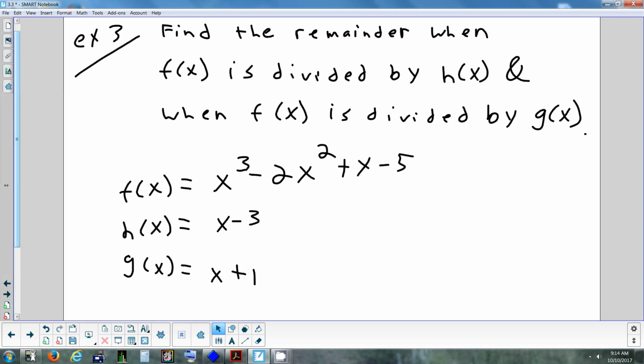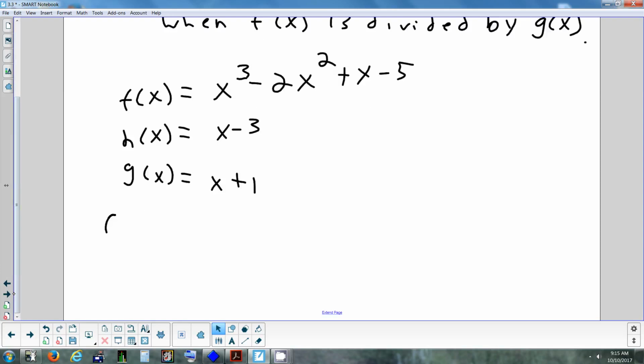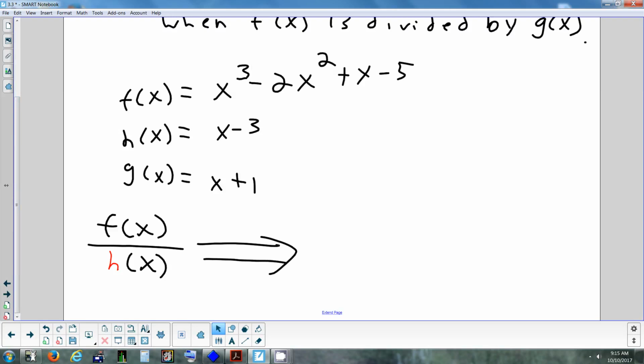Would you just subtract it from? I'm not sure. Anyone help him out? What does the remainder theorem say to do? We're dividing f of x by h of x. I'm not going to write it all out. We're not actually going to figure it out. We're just going to find the remainder.